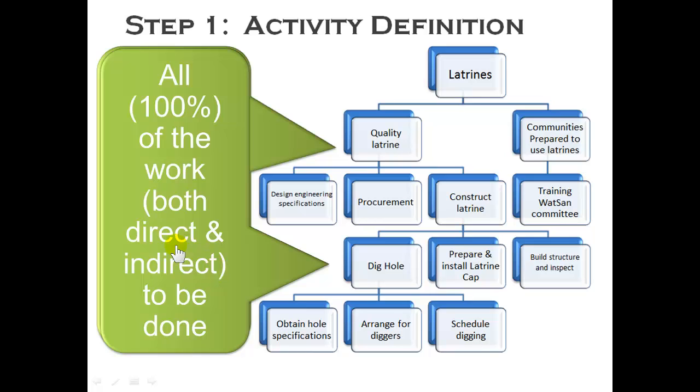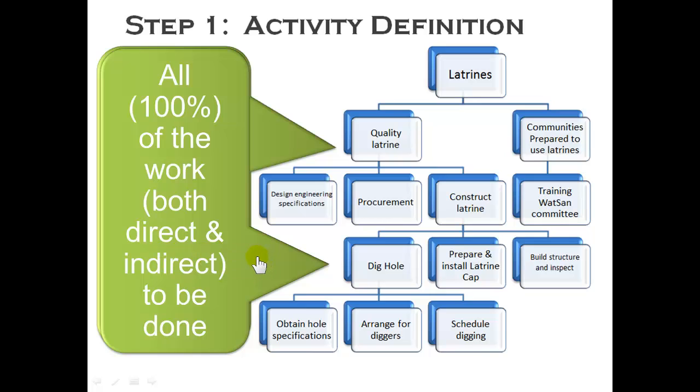The direct work is the work that's done to actually bring about the outcomes and the results, the goal that you put into your proposal to bring about the social change, directly working with the beneficiaries and the partners who are involved in the project. The indirect work are the other things that need to be done in order to make sure that the direct work happens.